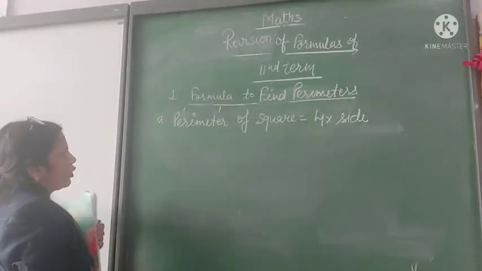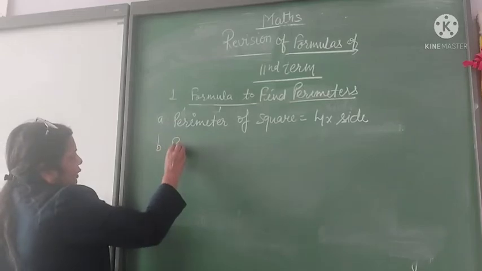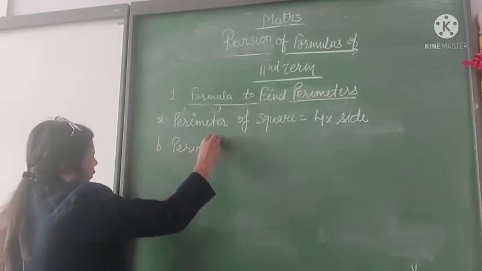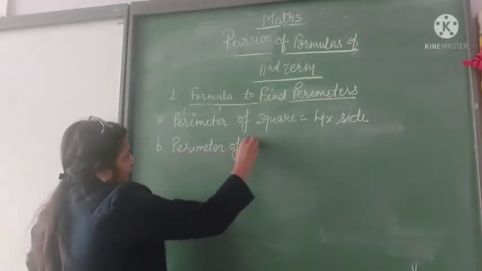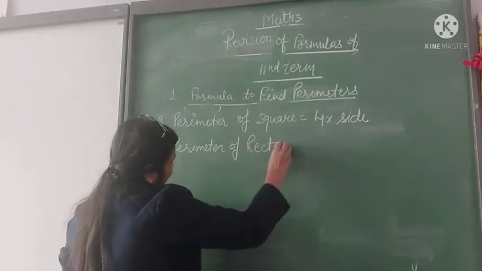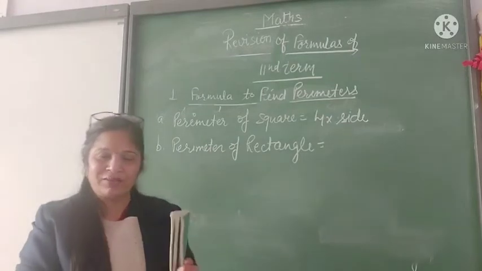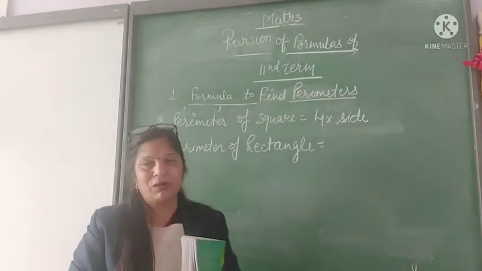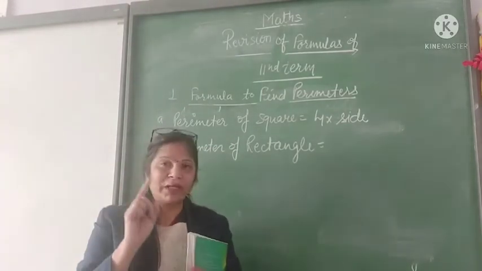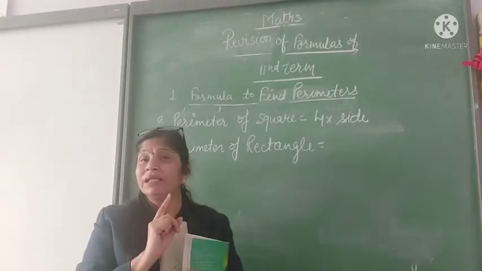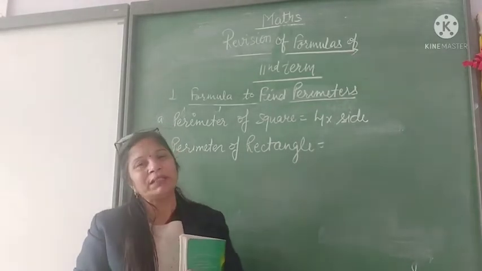Next we talk about perimeter of rectangle. As I told you, rectangle has its opposite sides equal, length is equal to length and breadth is equal to breadth. How many lengths are there? 2. How many breadths are there? 2.